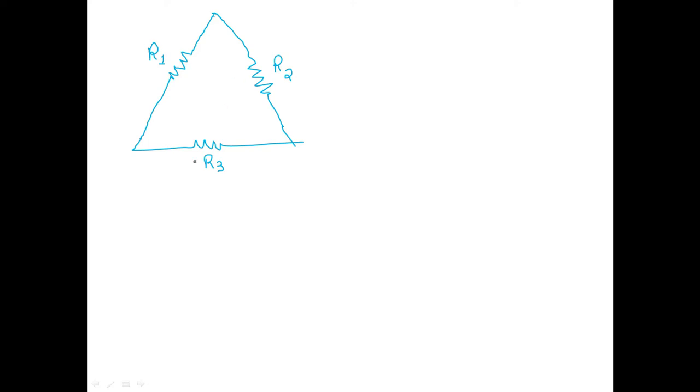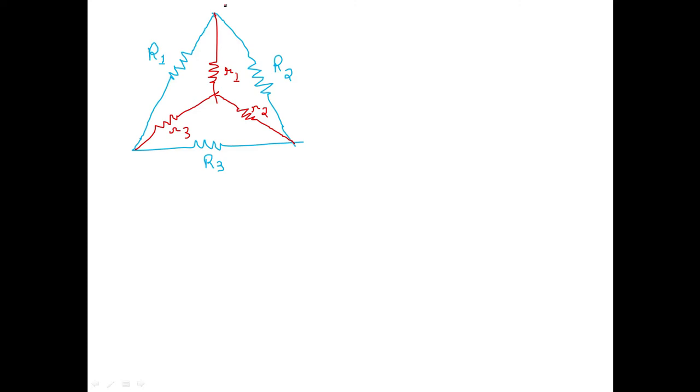Now we'll draw the star inside so that you can easily equate this sort of problem whenever it arises in any competitive examination. We draw the star, and this one is resistance R1, this one is R2, and this one is R3.